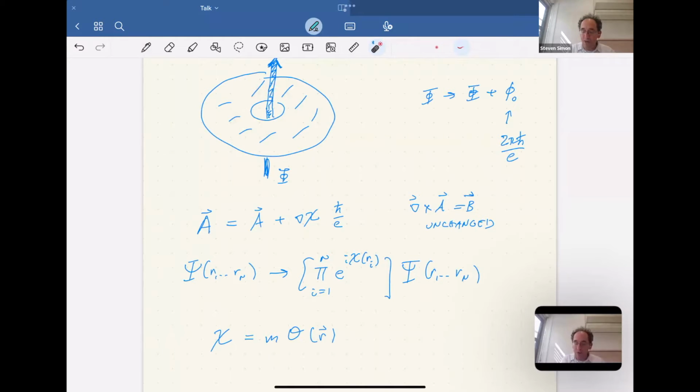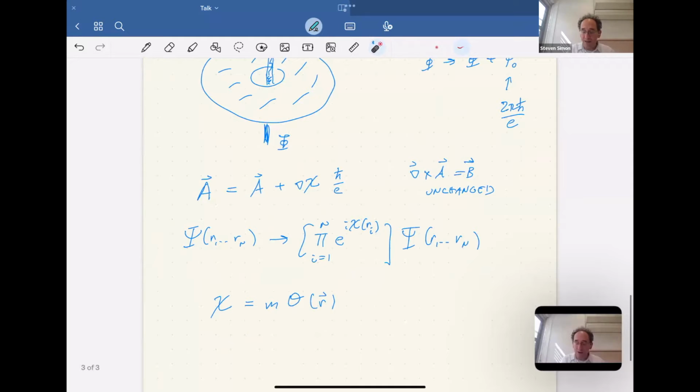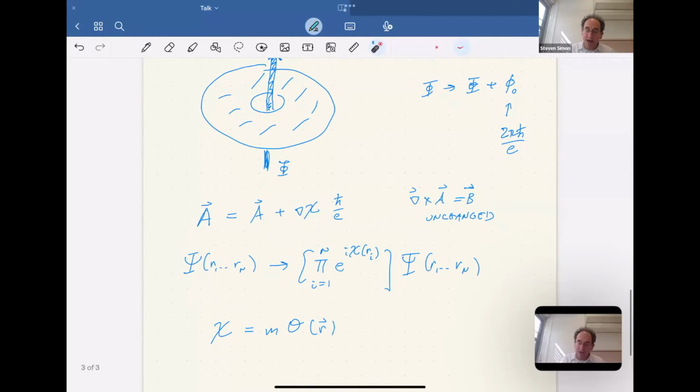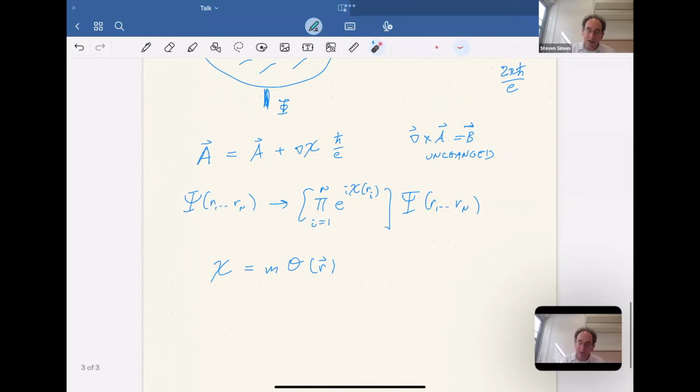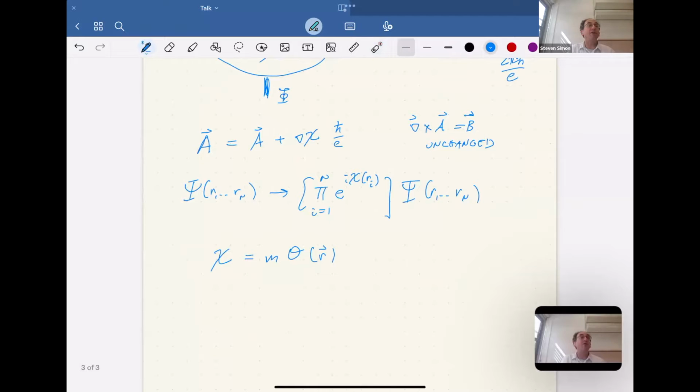But the only thing you care about is locally, the gradient is well defined, and e to the i times chi is well defined if theta goes to theta plus 2 pi. So e to the i times this chi is a perfectly good function, and so is the gradient of chi.